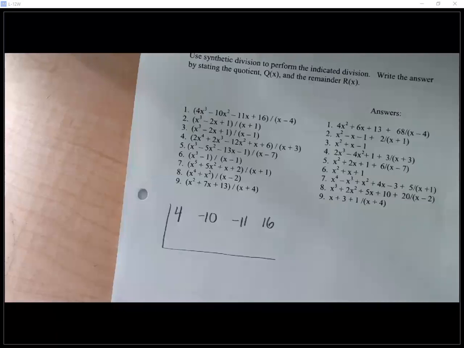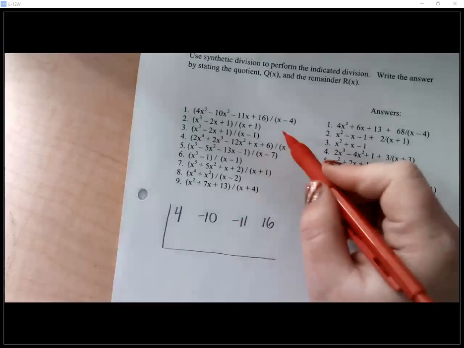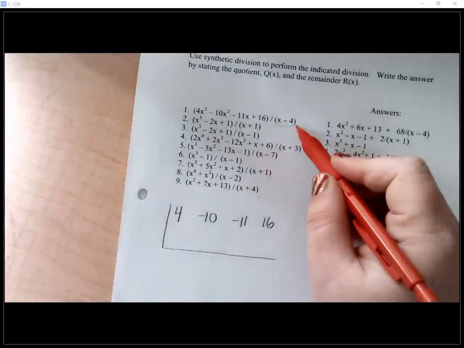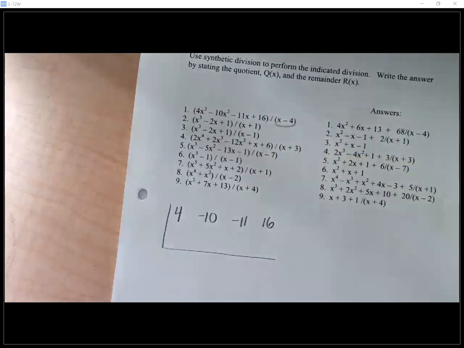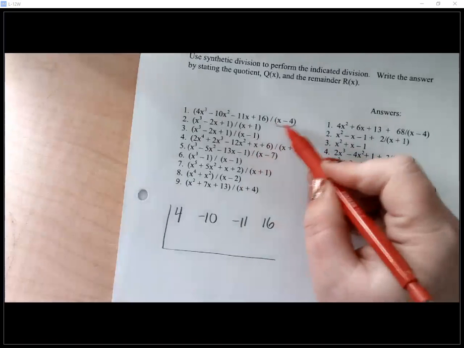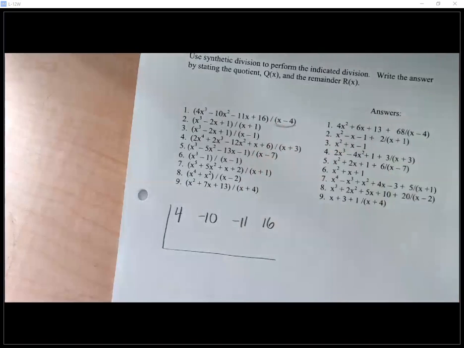And now here's what's important. Whatever you're going to divide by here, they want me to divide by the binomial x minus 4. You are going to synthetically divide in the 0 that would come from that factor. If I were solving a quadratic and I got a factor of x minus 4, isn't positive 4 the 0 that comes from that?